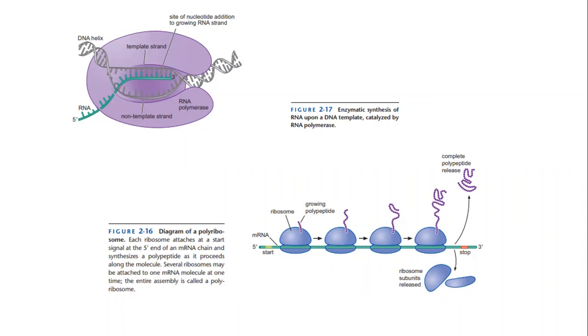So in short, the codons in mRNA decide the sequence of amino acids in the protein. Because it carries the information from DNA to the ribosome, the site of protein synthesis, it is called messenger RNA.